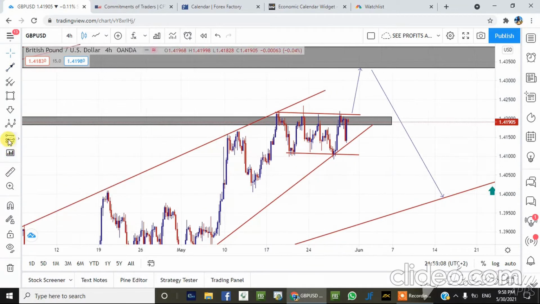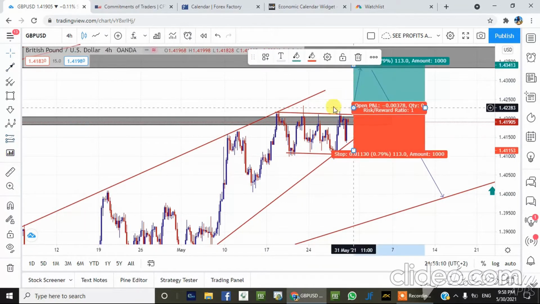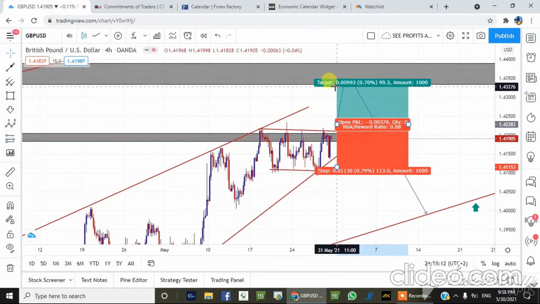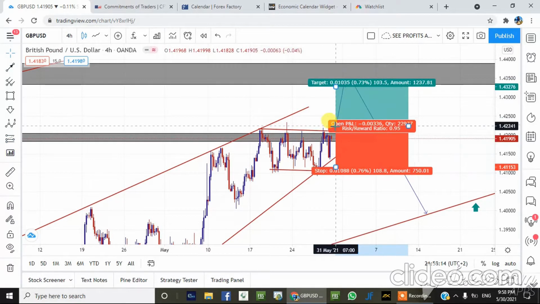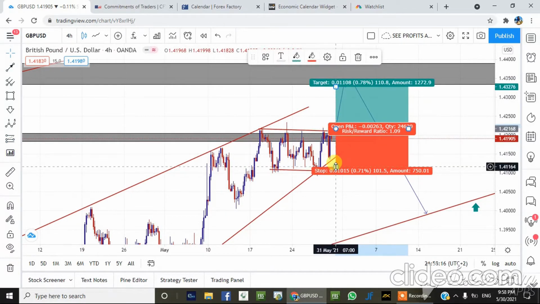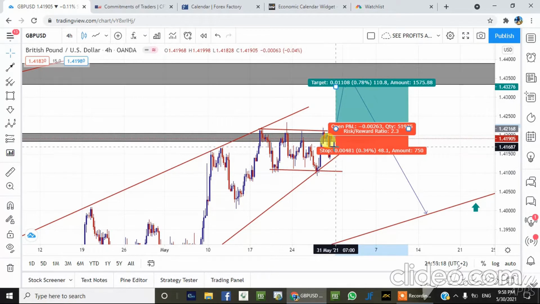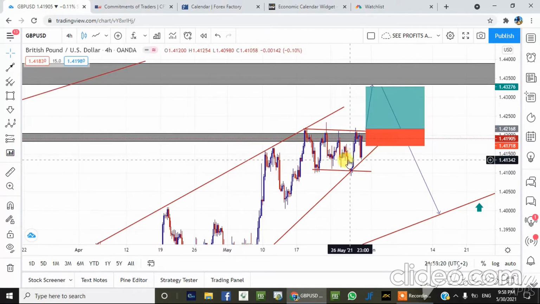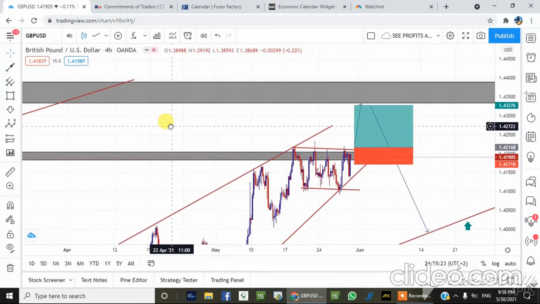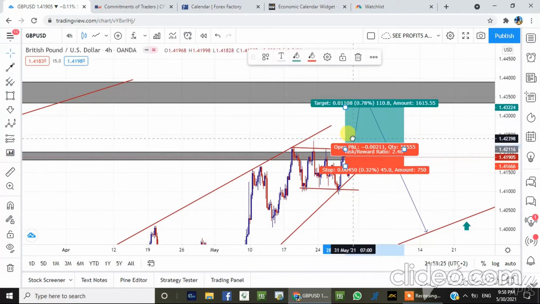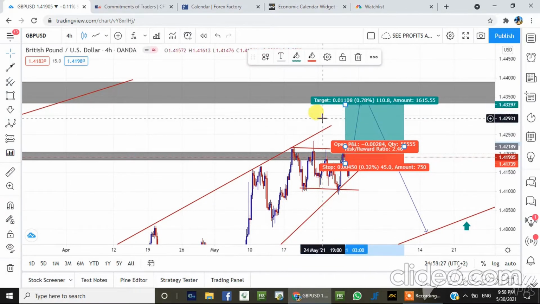So this could be our entry trigger. We could enter here. I will not take this trade because the risk reward ratio is not that good, so I will wait. But if you want to enter GBPUSD, you may enter a buy after a clear breakout here, a small buy, and close it here.